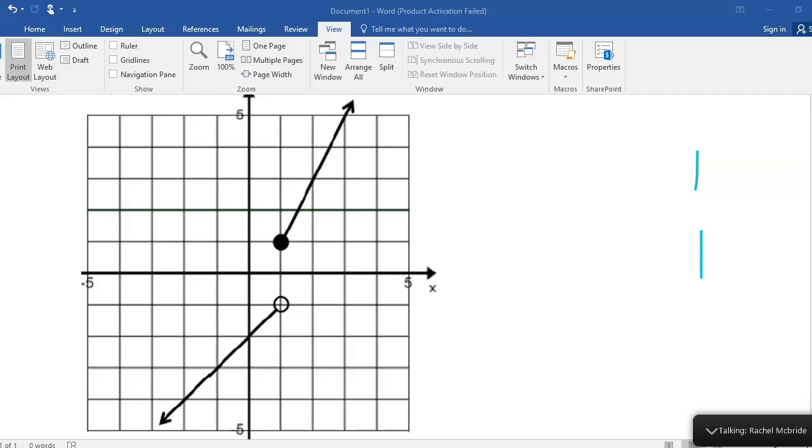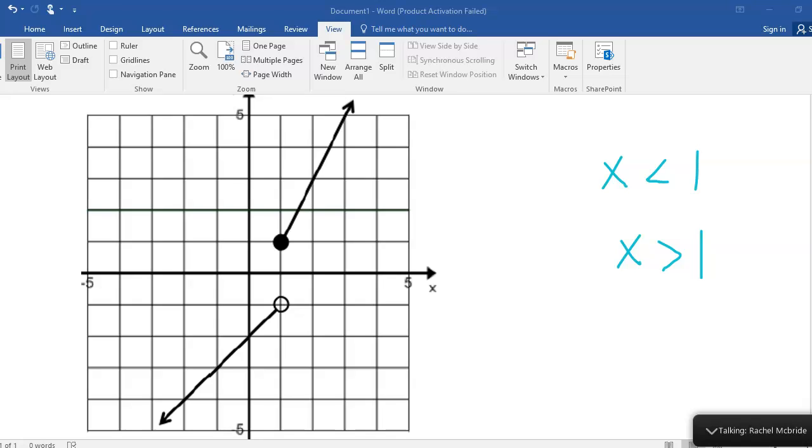So that means my x values are going to be less than 1, and my x values are going to be greater than 1. At some point, my x is equal to 1, and that's where the graph is closed.